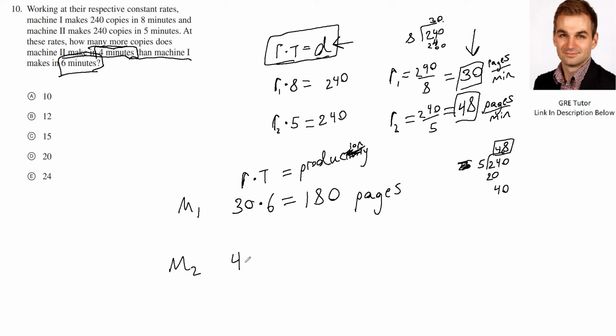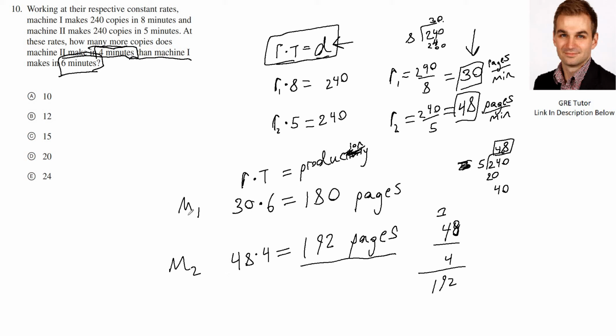So 48 multiplied by 4. 4 times 8 is 32. 4 times 4 is 16, 17, 18, 19. 192 pages. So machine 2 can make 192 pages in 4 minutes. Machine 1 can make 180 pages in 6 minutes.